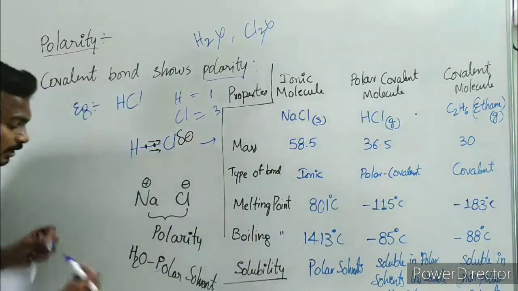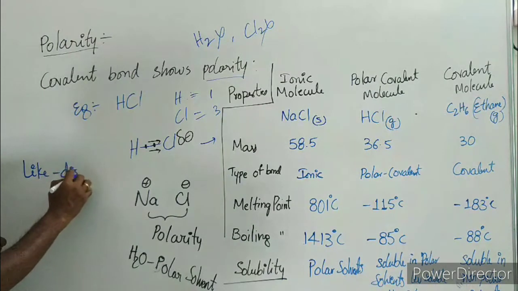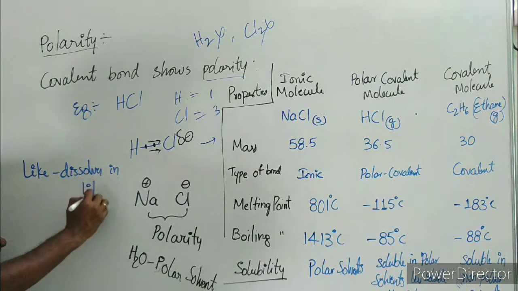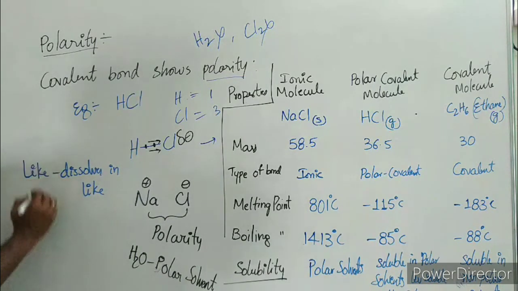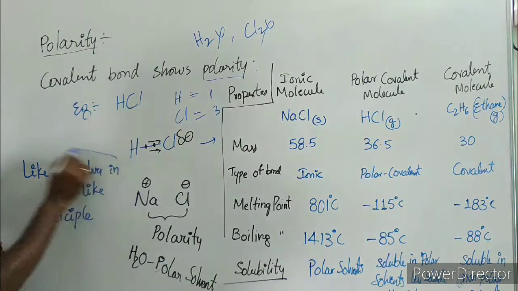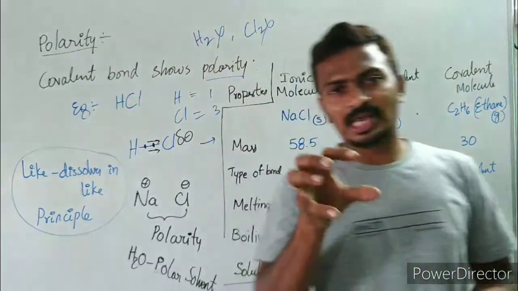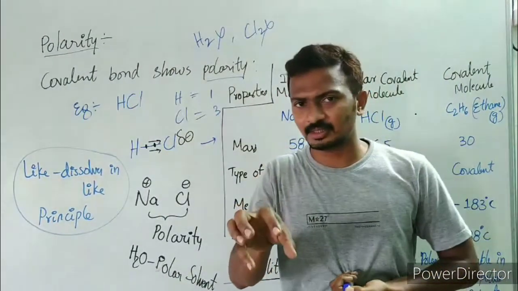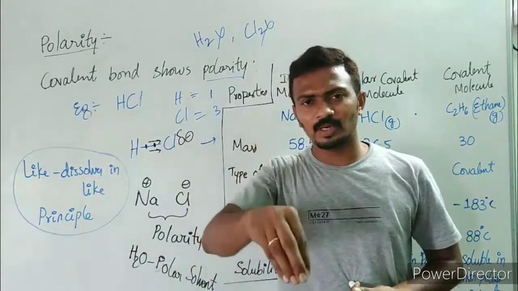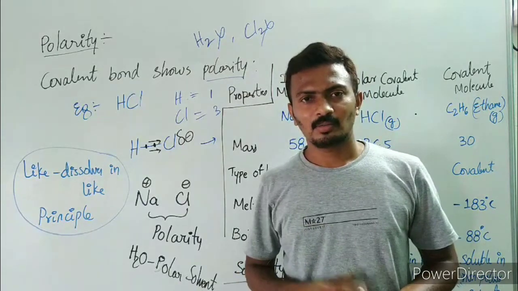This is based on the principle that like dissolves in like. This is the principle involved in solubility. What is that principle? Like dissolves in like only. That means like-natured compounds, covalent-natured compounds, get soluble only in covalent solvents.